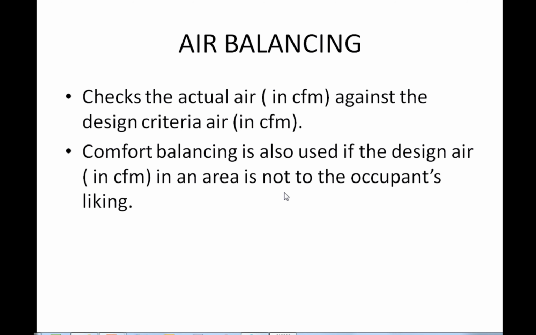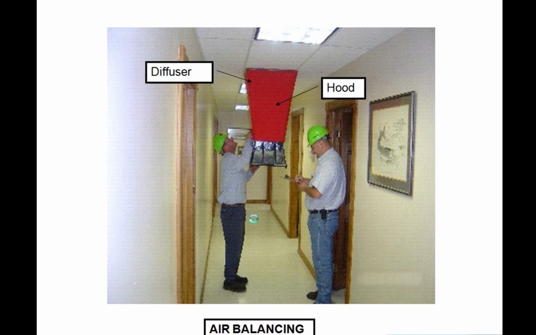The way we do that is through what we call a diffuser hood, which is a way of testing what's coming through the vent. You put that hood up against the vent area on the ceiling where the air is flowing out, and there's a meter just below where the man is holding the handle to keep it up.